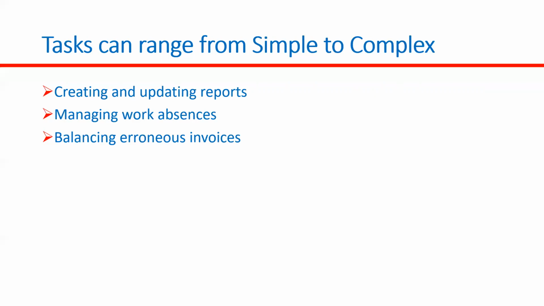So when we say simple process, for example, creating and updating reports may be a simple process, and managing work absences and balancing erroneous invoices can be complex processes, even though we can automate them using an RPA tool.